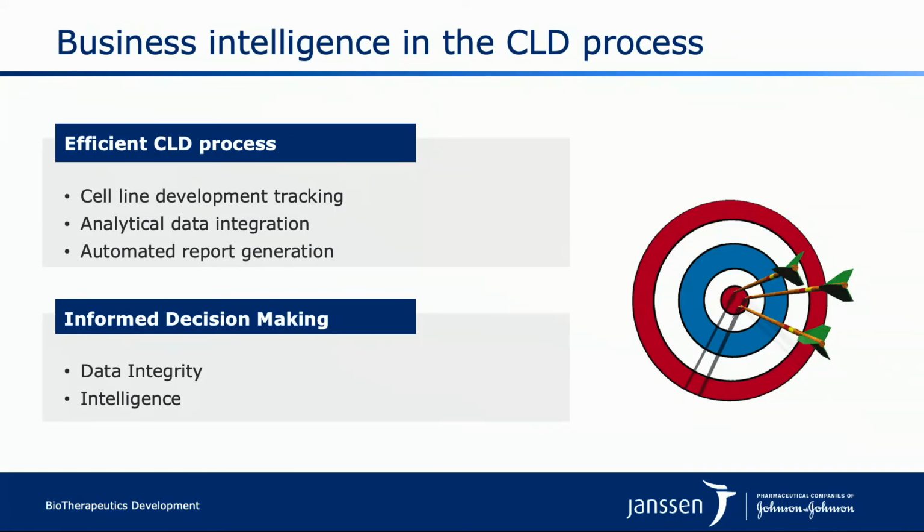That will help us make more informed decisions because of the data integrity. With these tools, rather than the electronic laboratory notebook, we will be able to compile all the data together, apply artificial intelligence or machine learning, and help drive smarter decisions.